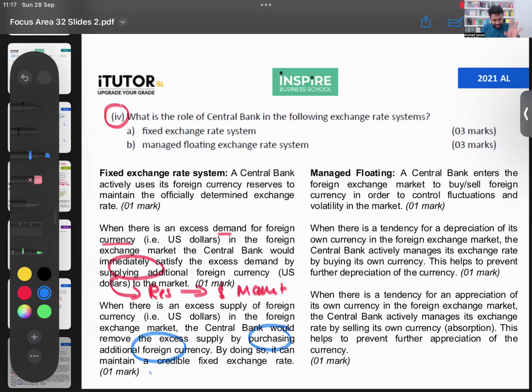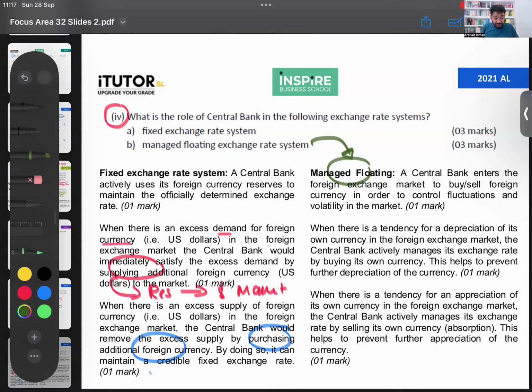Now, if you go into a managed floating, what is the central bank's role over here? Very similar role, but you word it a little differently. A managed floating is where the exchange rate will be determined within a certain range purely based on demand and supply. It can go up and down.